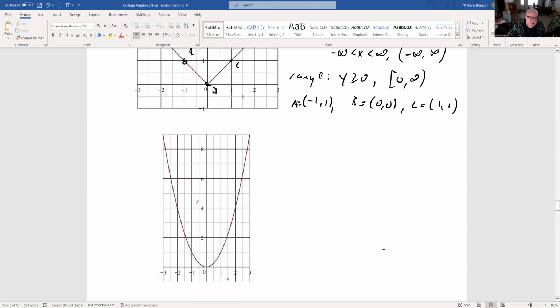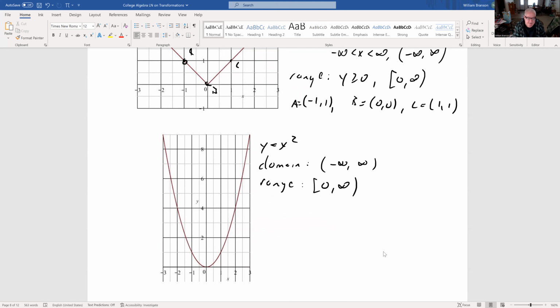This is the graph of the parabola. It looks a lot like absolute value, except it's rounded at the bottom. Domain, I'll just write all the domains and ranges in interval notation. There's a number of different ways to do that, and if you want to write them with inequalities or anything, that's fine too. Range is 0 to infinity.